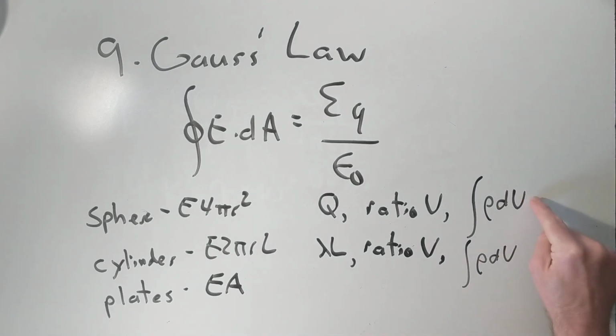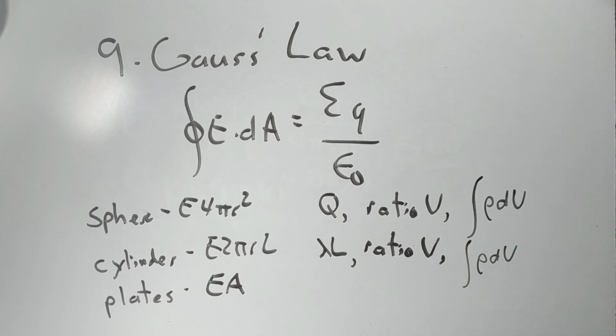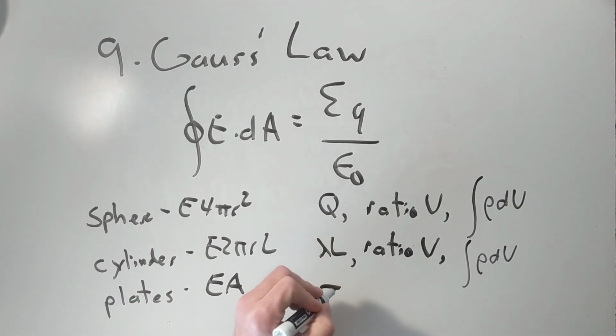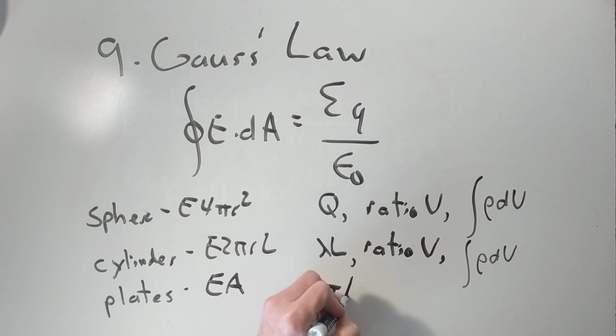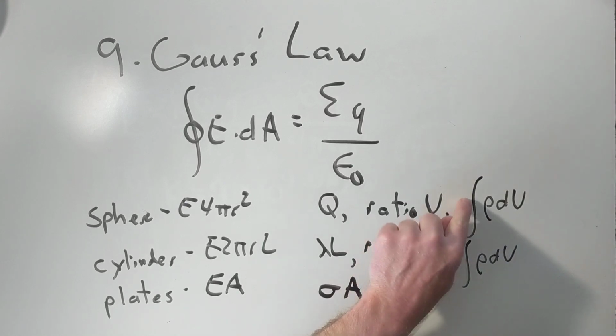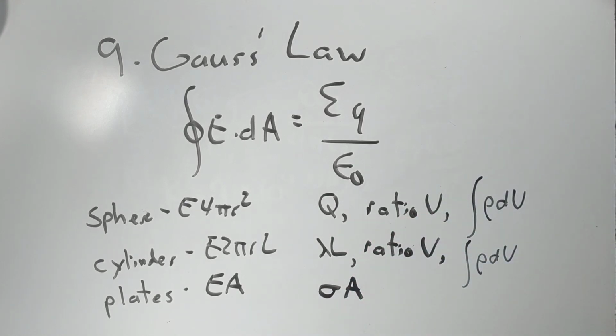These are things I would absolutely make sure that you've tried, and we did a large number of those when we practiced them. For the plates, the plate is pretty easy. The charge on that is going to be sigma times the area. With Gauss's law, I would absolutely make sure you practice some of these types of problems.